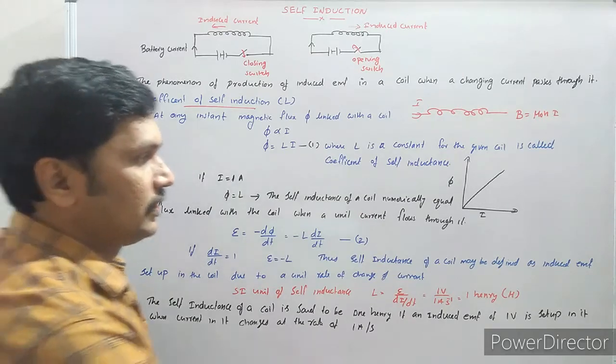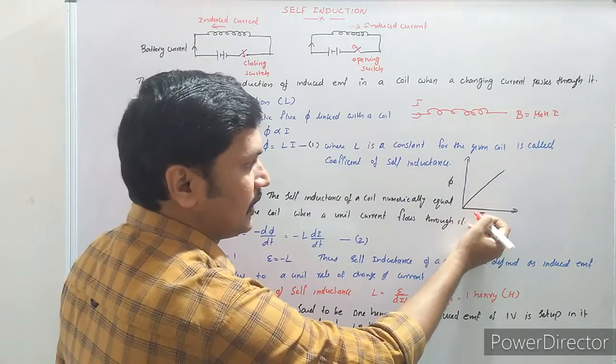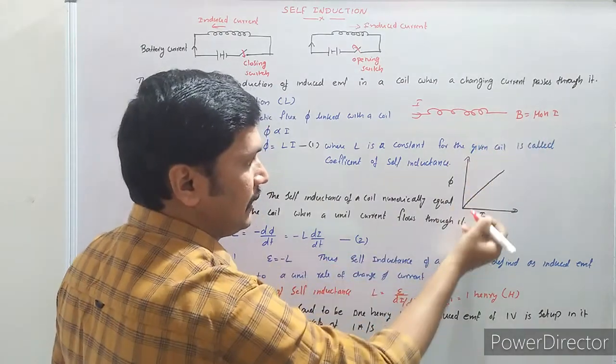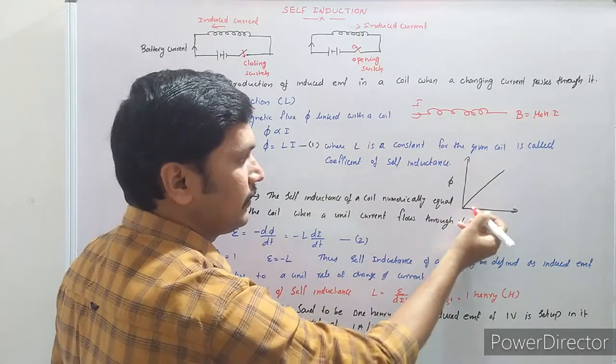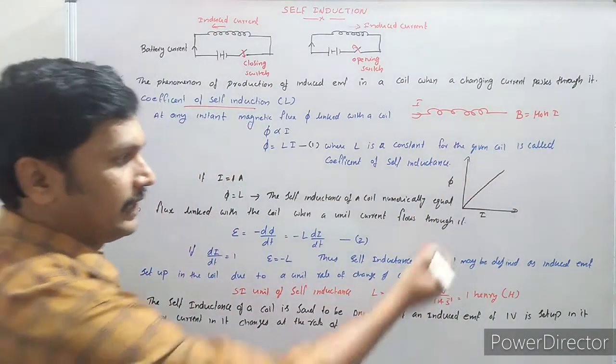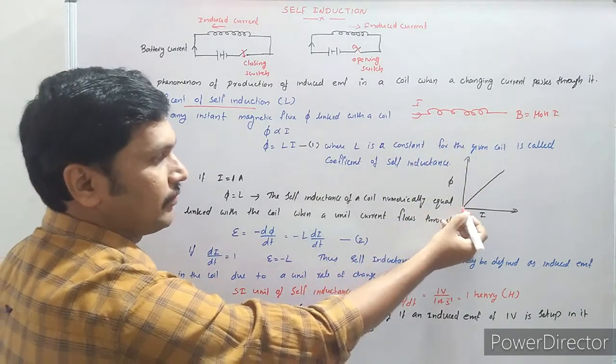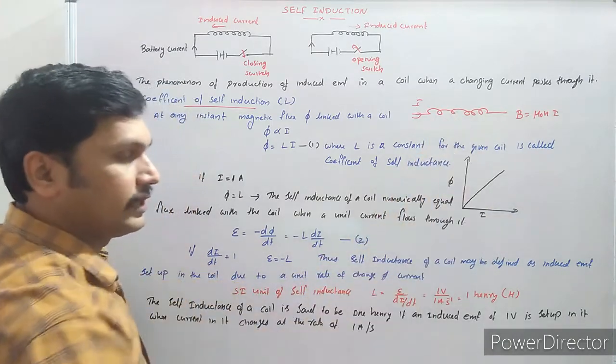If you plot a graph between the current passing through this coil and the flux associated with this coil, we will get a straight line. When I equals 0, flux is equal to 0. When I increases, flux also increases.